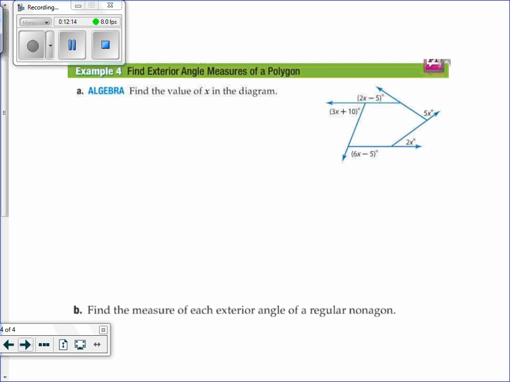It says find exterior angle measures of a polygon, and you can see that we have a polygon here. It actually has 5 sides, so it's a pentagon. And we have 5 exterior angles, but we don't know the measures of any of those. We have expressions for them, but we do know that the sum of the exterior angles is 360.